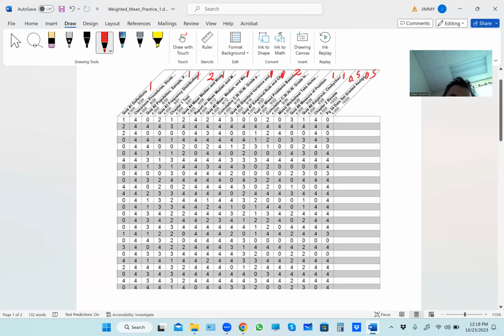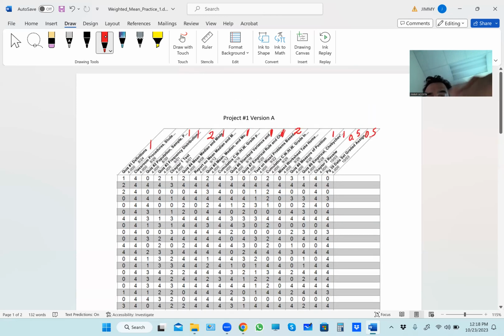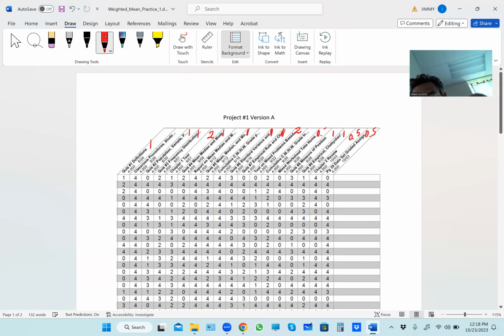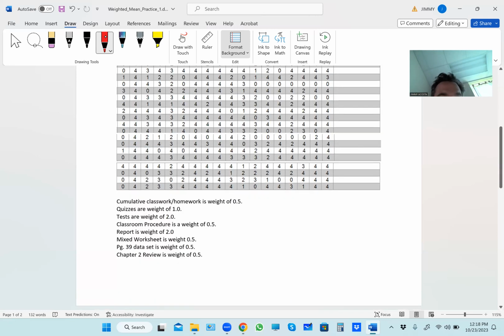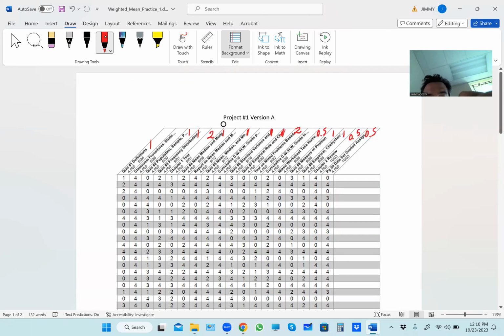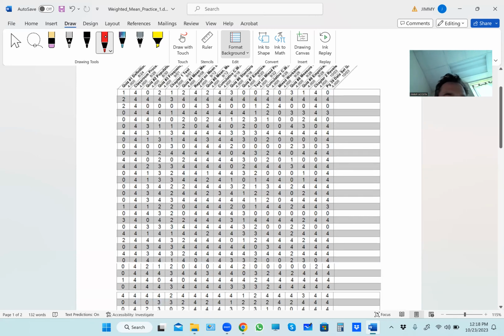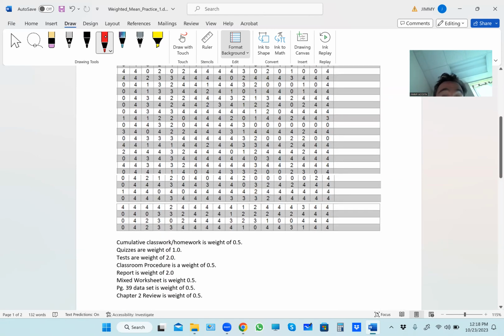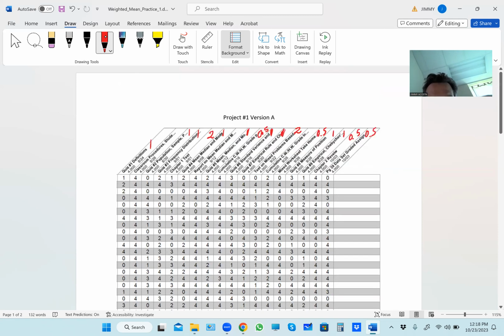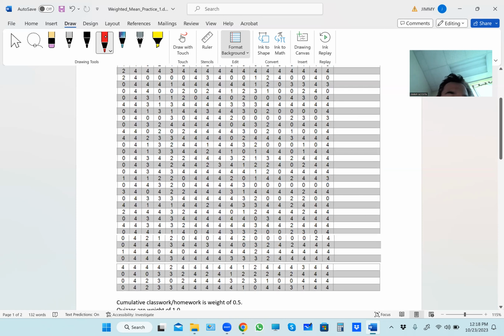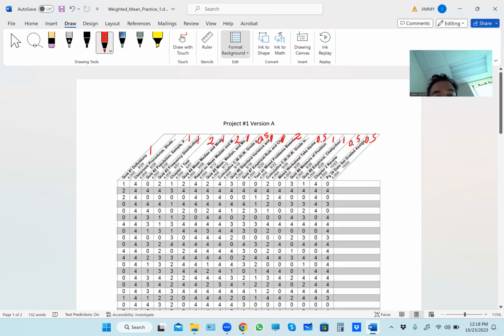Mixed worksheet take home, that's also 0.5. Cumulative classwork homework grade, that's a 0.5. Then we have the report on mean, median, mode. That report is 2 actually. And then we have classroom procedure student, that's 0.5.